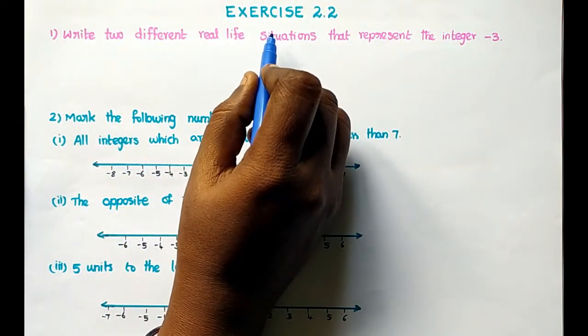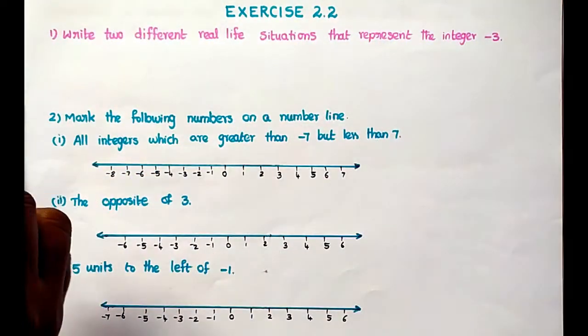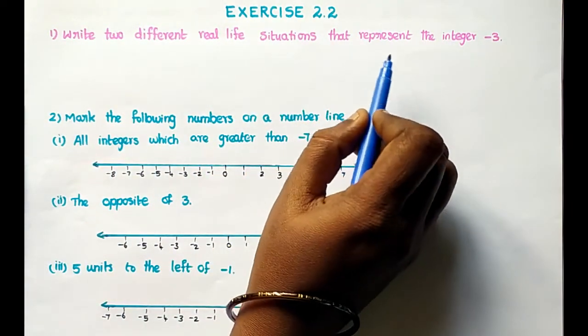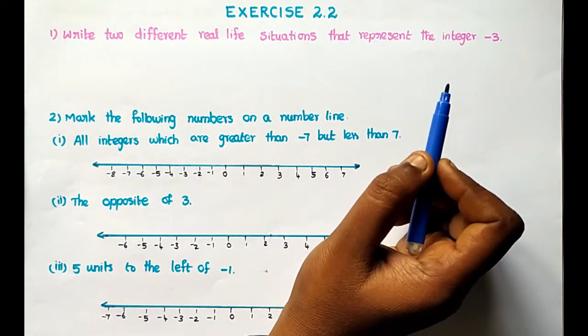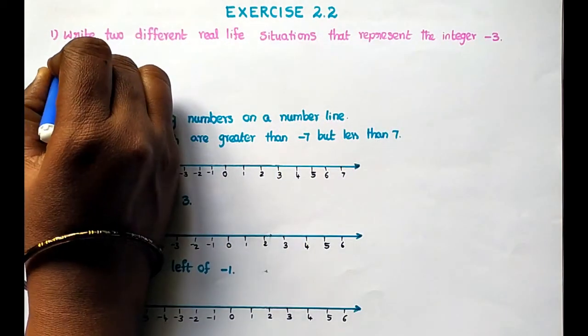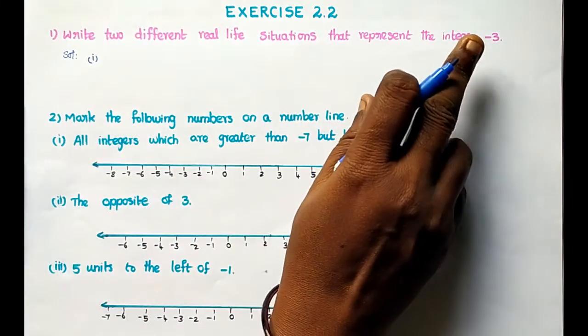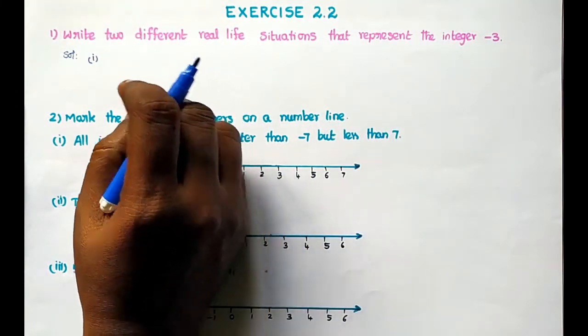Look at this exercise 2.2. First question, write two different real life situations that represent the integer minus 3. Listen, minus means negative.